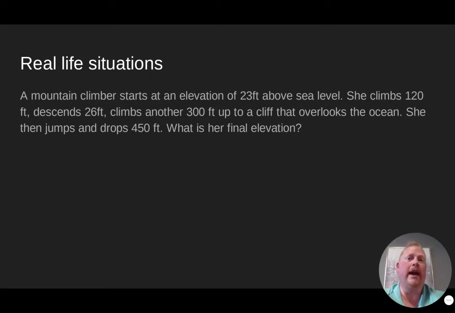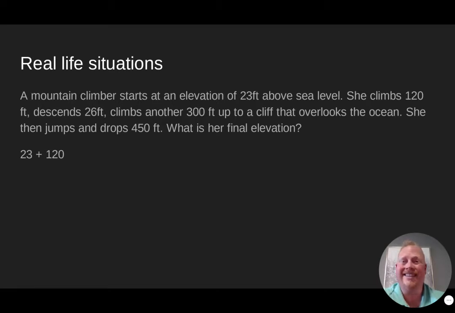Step three, you look back and see if you can find some other pertinent information. The first thing it tells us is that she started at an elevation of 23 feet. So let's start there. Then it says she climbs 120 feet. Even though it doesn't say positive, the fact that she climbs indicates it's a positive 120, so plus 120.